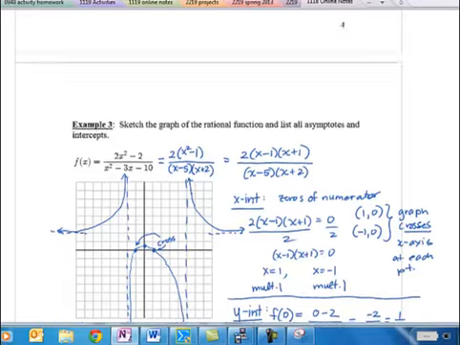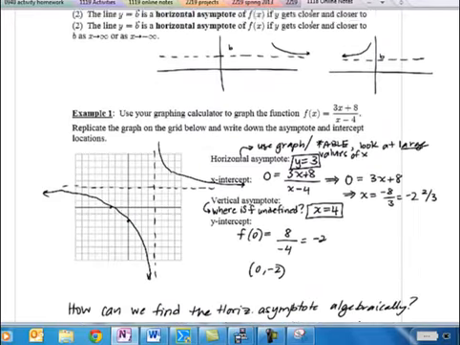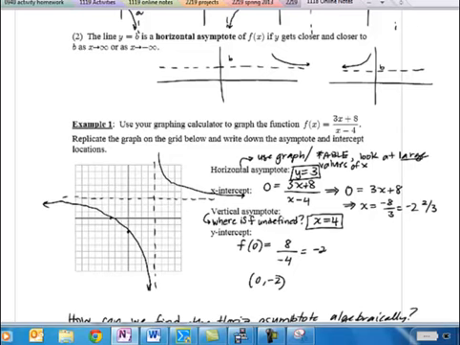And the first graph we did, this one where we looked at it on our calculators, these are both degree 1. The ratio of the leading coefficients is 3 to 1, and we found that the horizontal asymptote was y equals 3. So we can see that that's what we were finding in our examples.